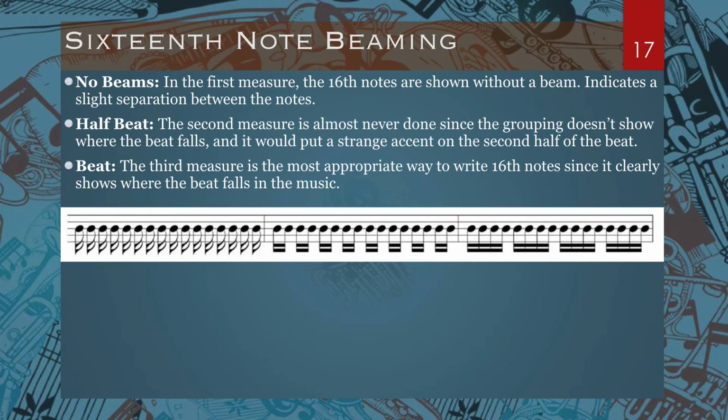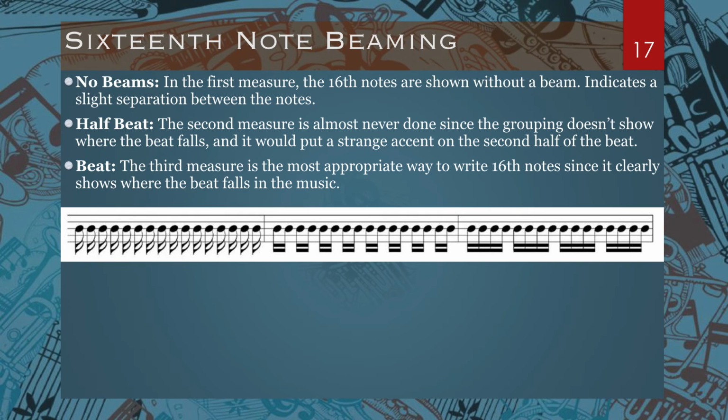The third measure is the most common method to write 16th notes, since it clearly shows where the beat falls in the music. It would be very unusual to beam 16th notes into groups of 8. Generally, you're going to see 16th notes beamed as you will in the third measure.